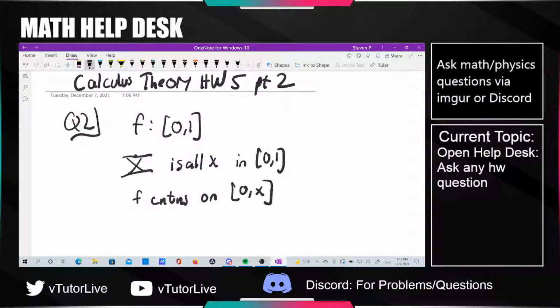So little x is all the right endpoints of intervals 0, x over which f is continuous.